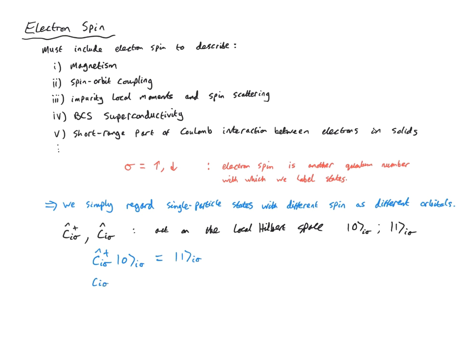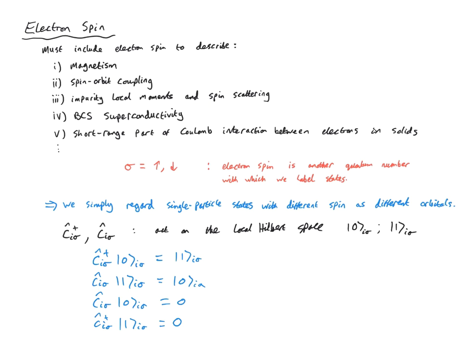Likewise, if I destroy an electron in an occupied orbital, I get the unoccupied orbital. And to complete the set, if I try to destroy an electron in a state that's already empty, I get 0. And by the Pauli principle, if I try to create an electron in a state that's already occupied, I get 0.